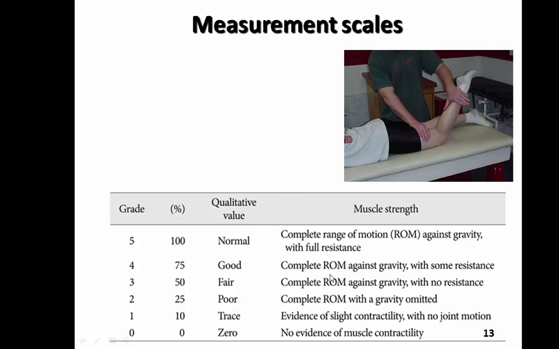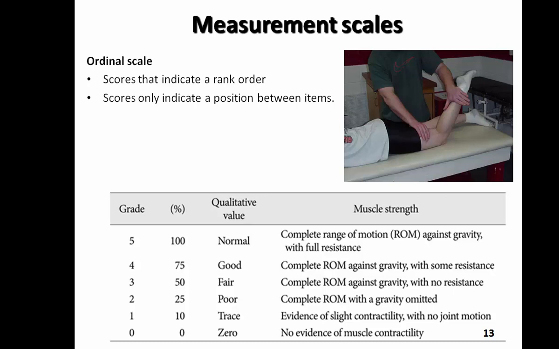Moving up one level is what's called the ordinal scale. As the term suggests, this is a measurement that is starting to establish some degree of order to the outcomes. That is a rank order that assigns some level of value to each selection. In this type of scale, scores will only indicate a position between items and do not indicate any particular magnitude.